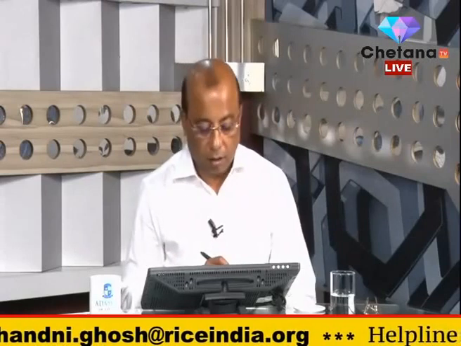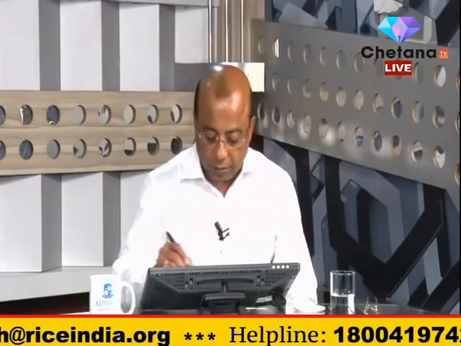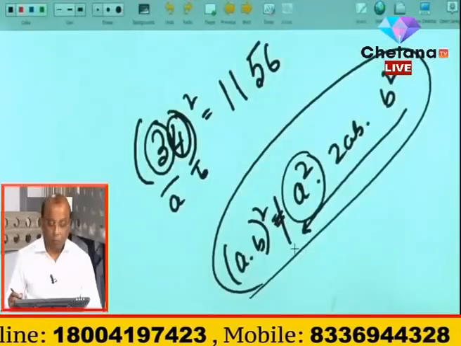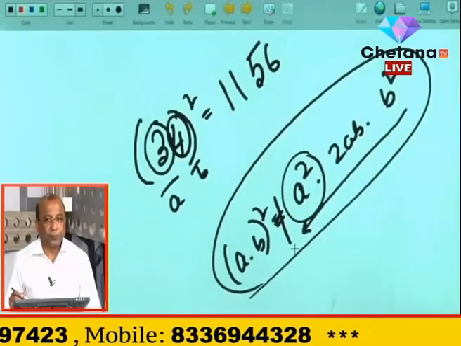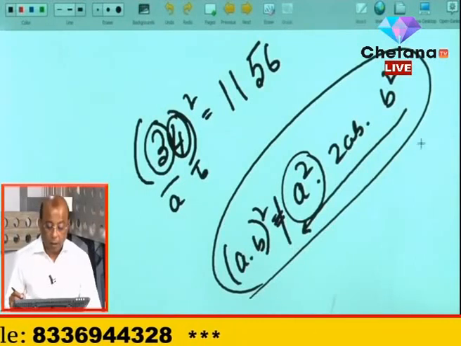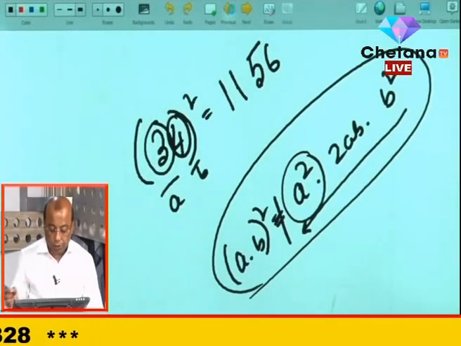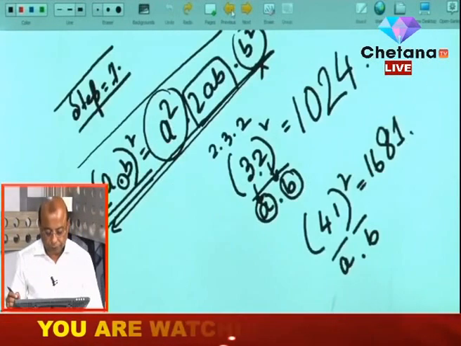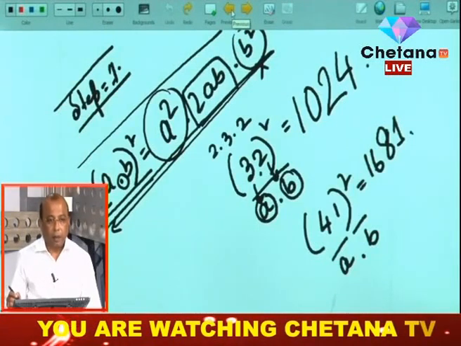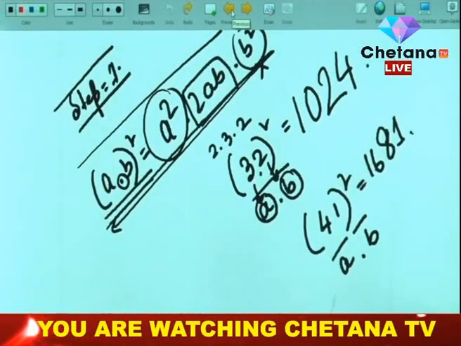Only for our application we are using this formula, as we are very much familiar with this form of the formula. That is the only reason I am trying to use this formula. Okay, so you can take the note. Yes, (A + B) whole square, that is A square + 2AB + B square.